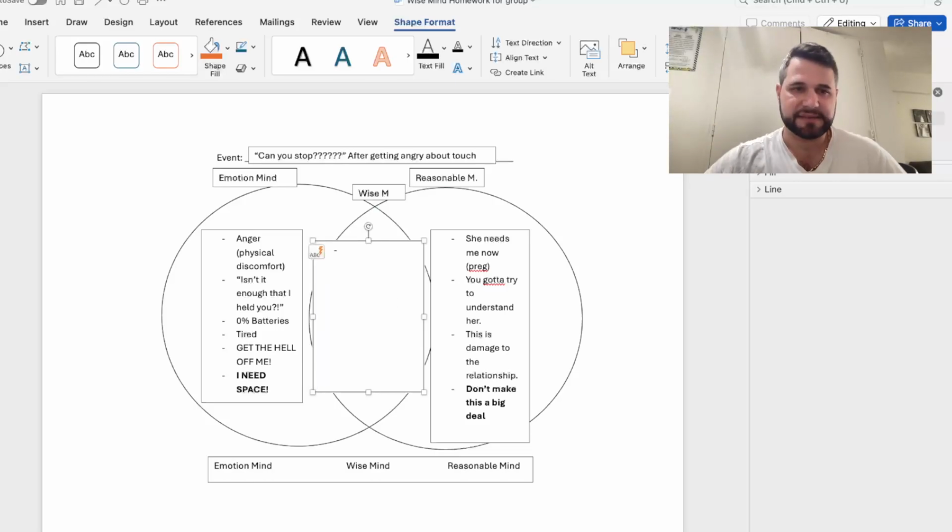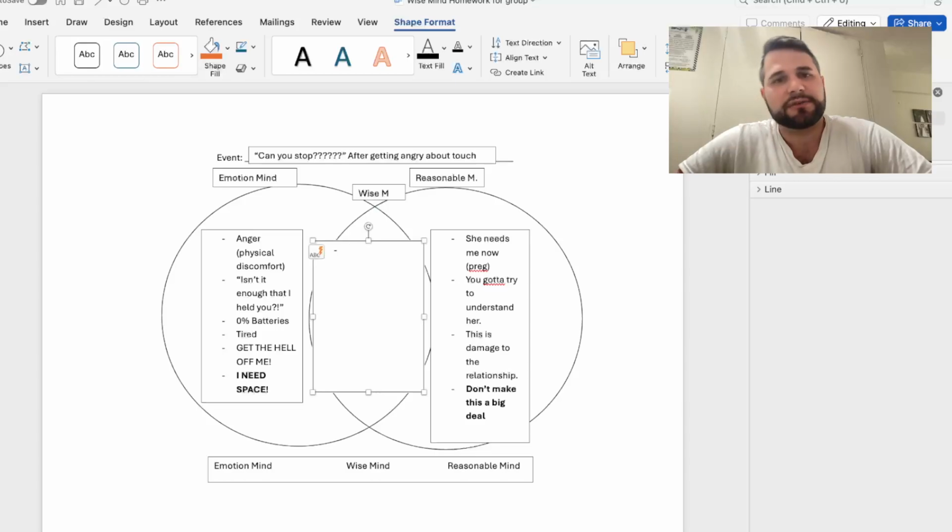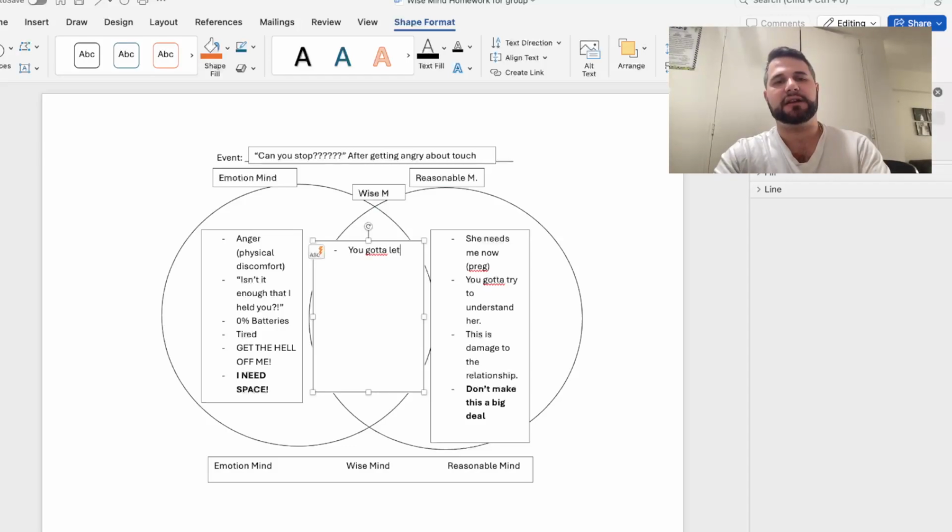And let's do this. Okay. So wise mind. Wise mind's got to care about how I feel, and it's got to care about my long-term plans. It's got to care about not doing collateral damage. I'm thinking you've got to let her know nicely that you're not good right now to touch.